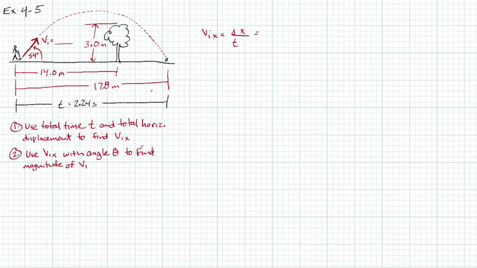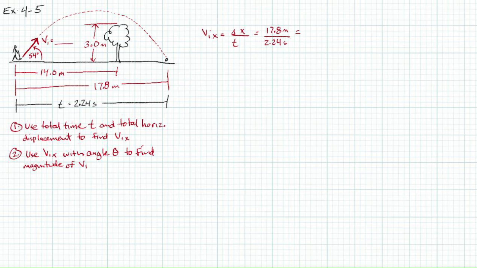Our total trip is 17.8 meters, and the total time is 2.24 seconds. And the reason that we're doing this in the x direction and not in the y direction is because there's no acceleration in the x direction.